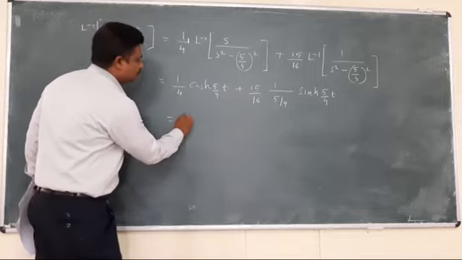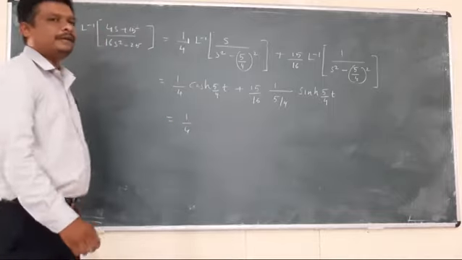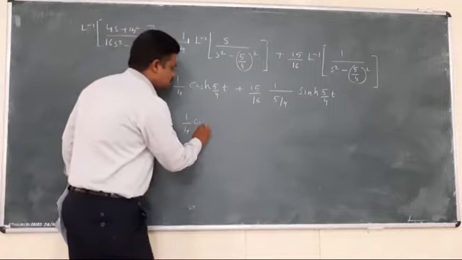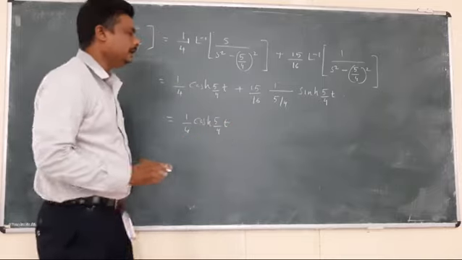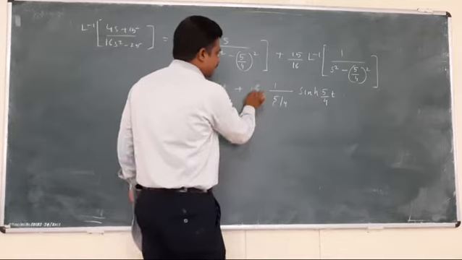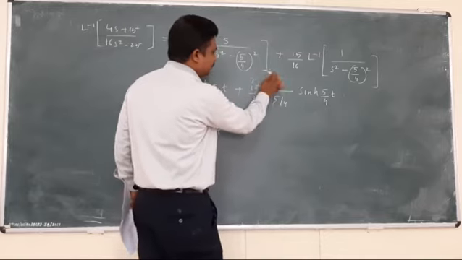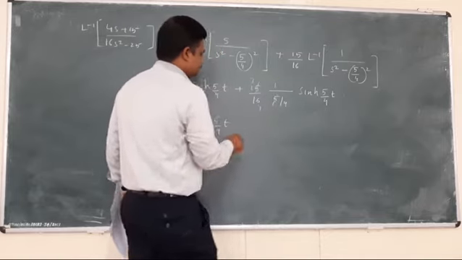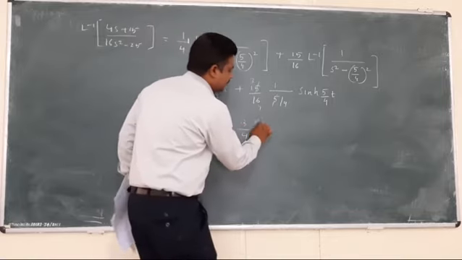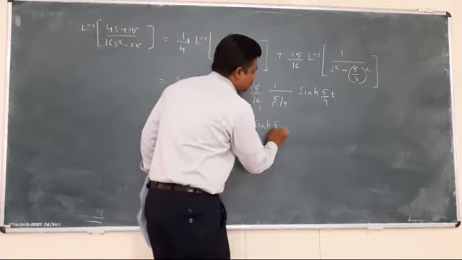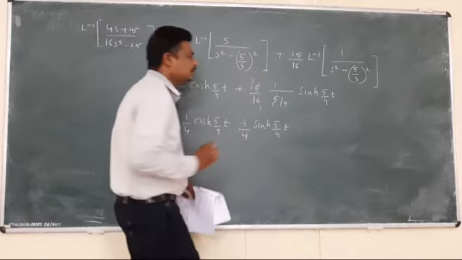So this is equal to 1 upon 4 cos hyperbolic of (5 upon 4) t. The 5 and the 5 cancel, I will take the 4 to the numerator. So this becomes 3 upon 4 sin hyperbolic of (5 upon 4) t.